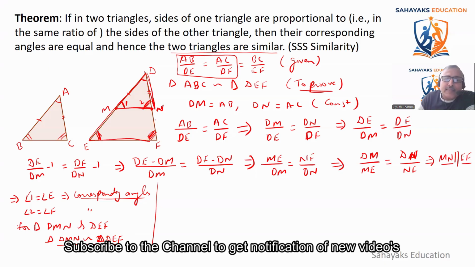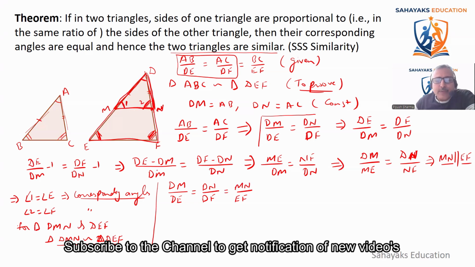Now, if these two triangles are similar, what does it imply? It implies that DM by DE is equal to DN by DF, that is equal to MN by EF.